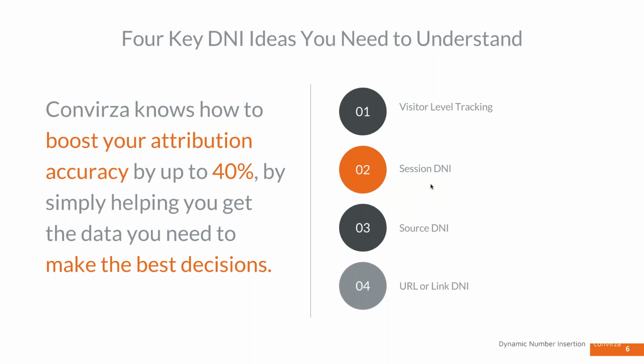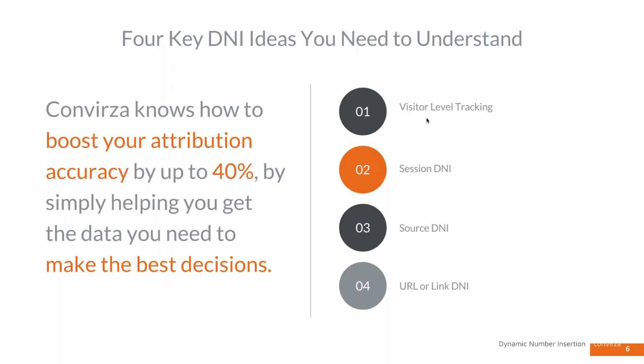So someone comes from, say, Google Paid, each visitor that comes on gets a specific number, and if they call during that session, we can associate that back to that session ID. Then we can show you, okay, this is the keyword that they typed in that drove the click that ended with the call. A lot of people will use session for their keyword level tracking with their paid search campaigns.